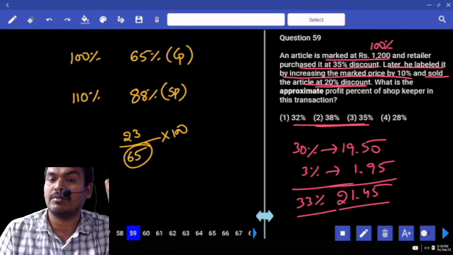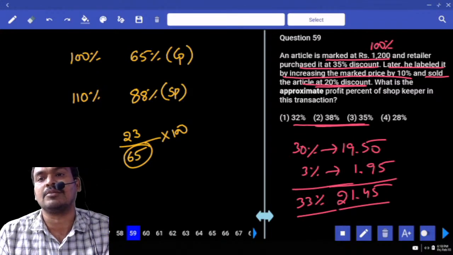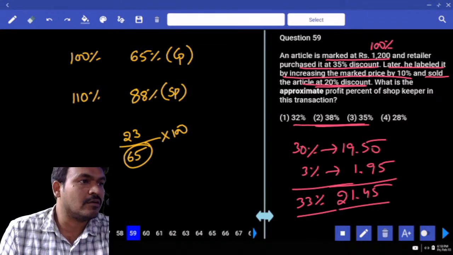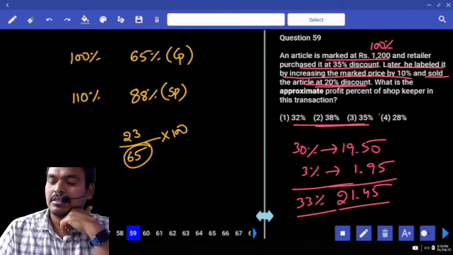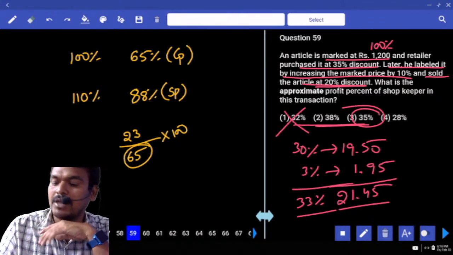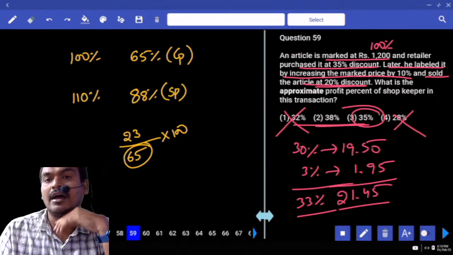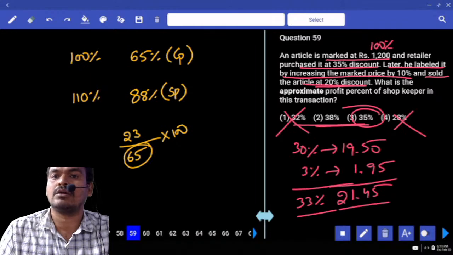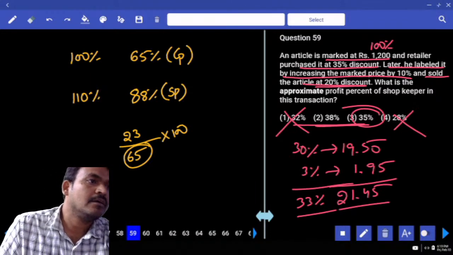Then answer must be more than 33% or less than 33%? More than 33%. But nearby value or not? Which one is the nearest value? 35 or 38? 35. 32 not possible or not? 28 already not possible. Then possible values are 38 and 35. Which one is closer to 33? 35.